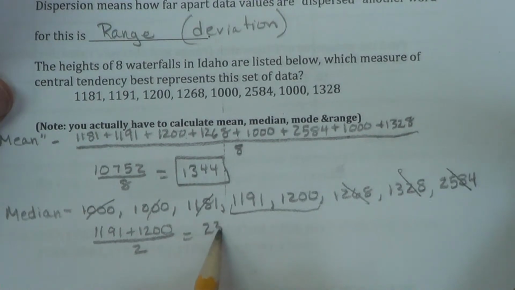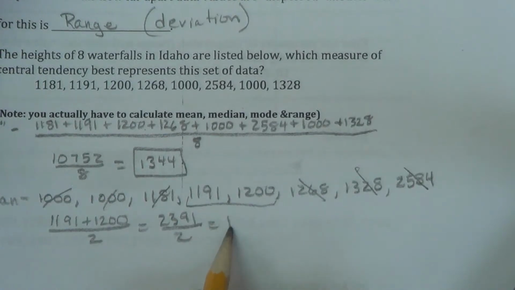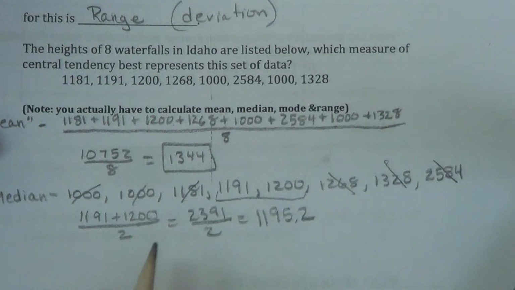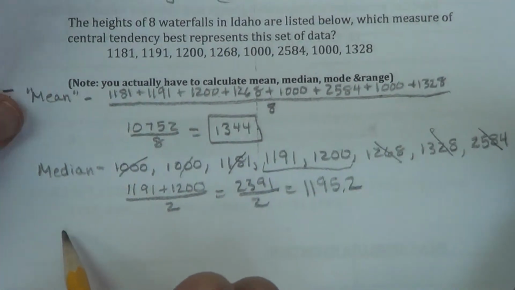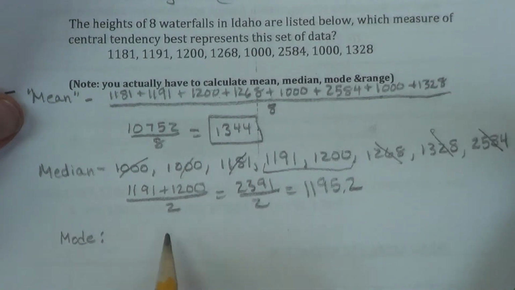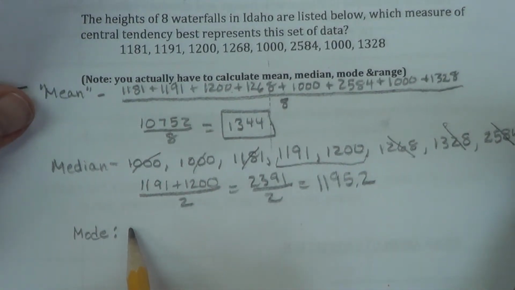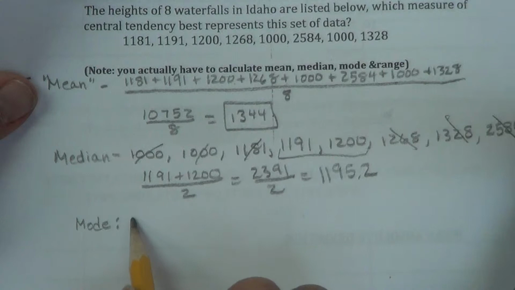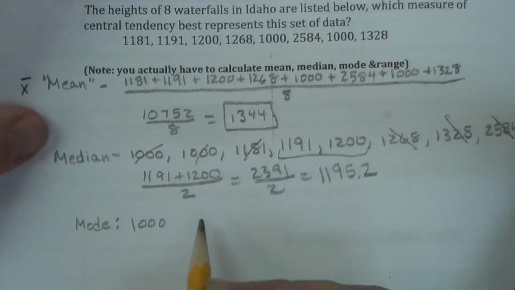That would be 2,391 divided by 2 equals 1,195.2. Now the mode is the most often occurring, mode most, and it is 1,000.